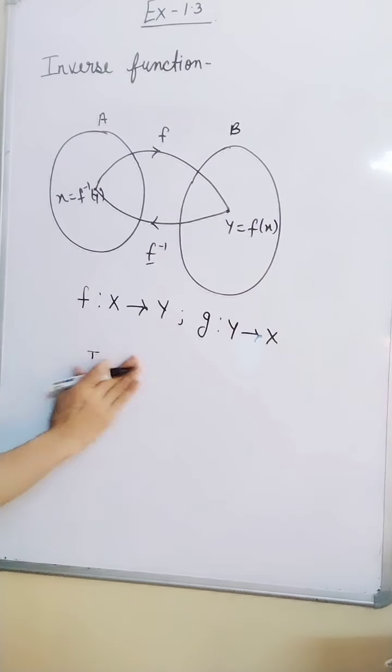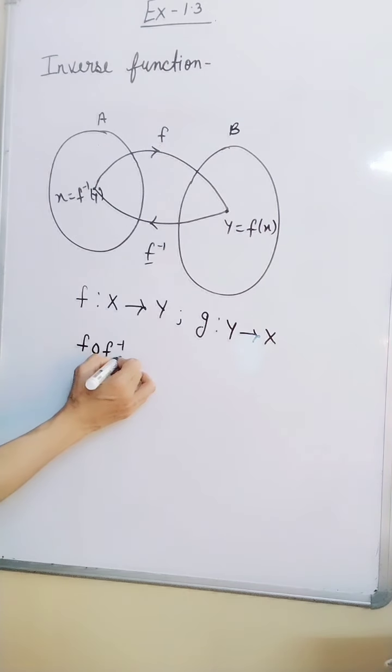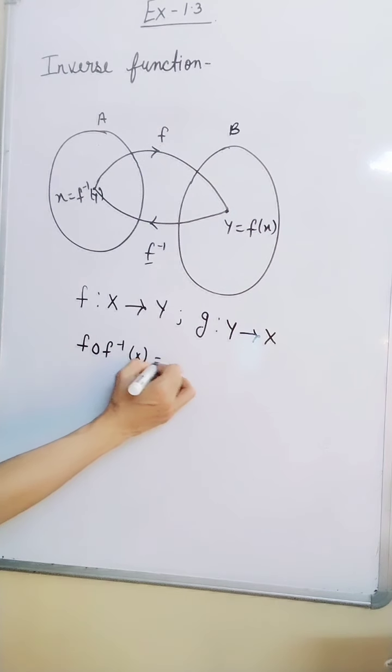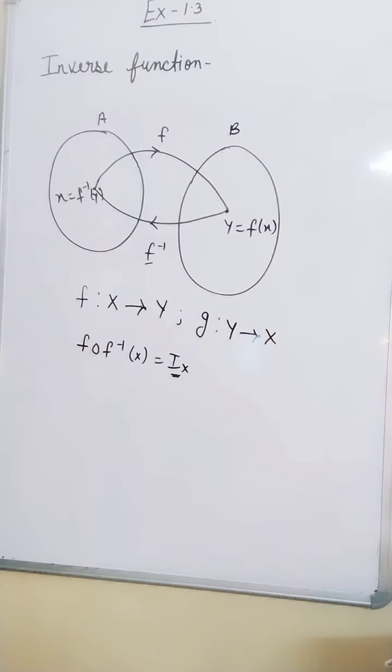Now if we find the composition of a function with its inverse, then we always get f o f inverse of x, which is denoted by I(x). The composition of a function with its inverse is always the identity.